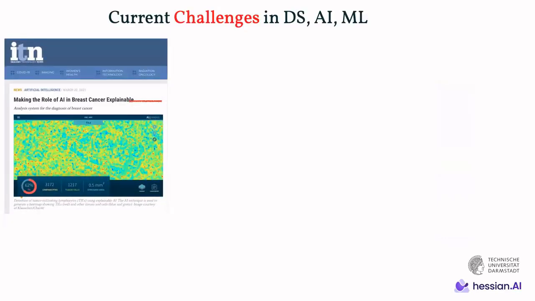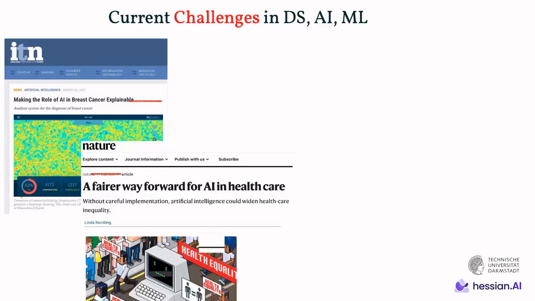So what are the current challenges in AI, machine learning, data science, whatever name you want to call it? I don't know what the difference is between data science and machine learning. Most of these models, especially these deep models, are black box. You have models that can predict the probability of someone getting cancer, or of someone getting a loan or not, or whether someone should be given bail or not.